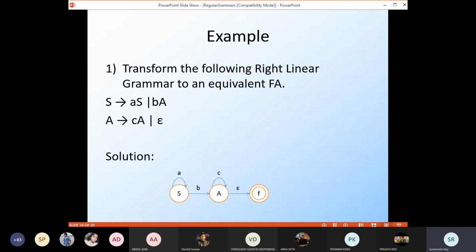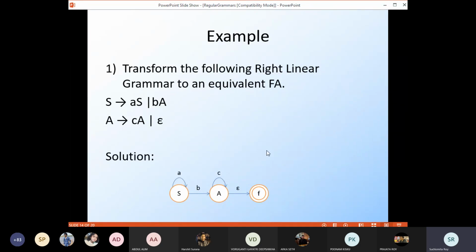So if you have a star, you have this loop, because you can take this loop any number of times, then a single b and c star. And because there is this epsilon, from this A, you also have an epsilon transition to the final state.